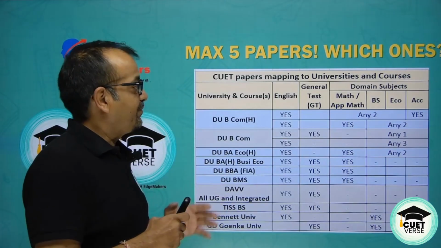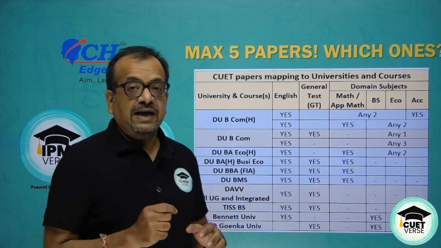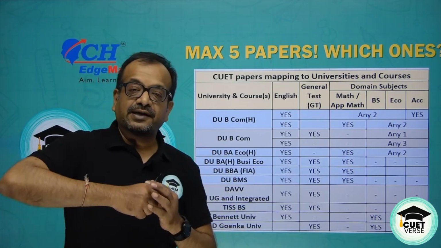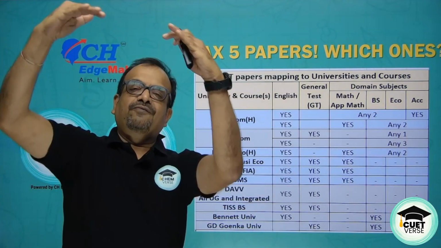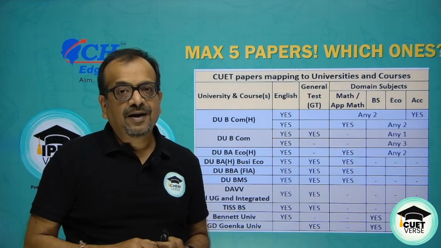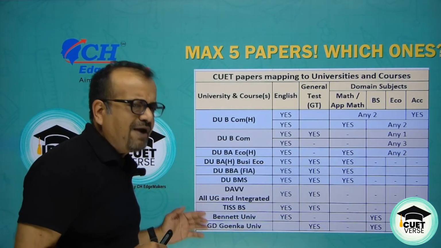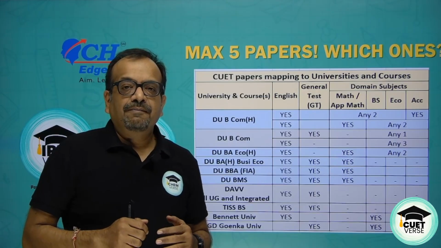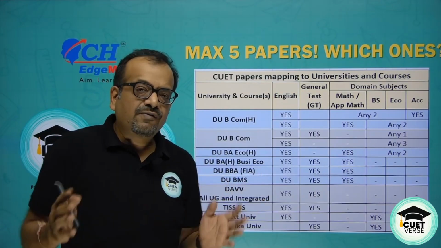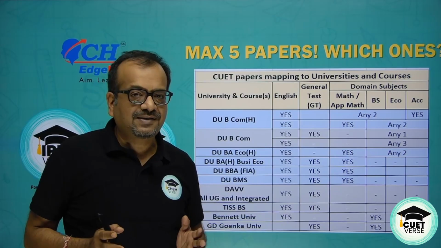What I have done in this table is I have taken DU, because in CUET, at the top of the ambition is DU. I have taken some private universities, because these would often figure in plan B of students.